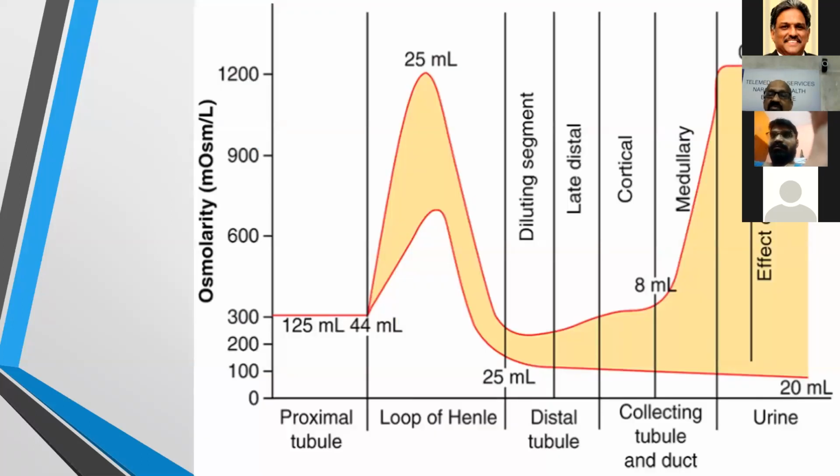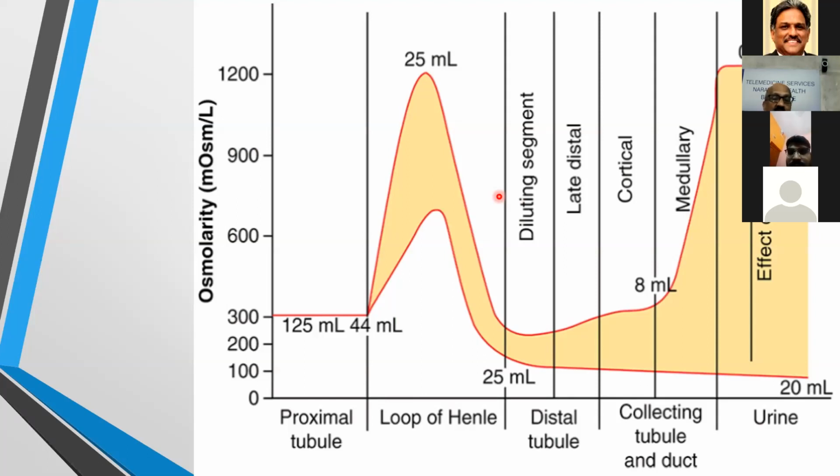These are the changes in the osmolality of the tubular fluid as it passes through the different tubular segments: the proximal tubule, loop of Henle, distal tubule, collecting tubule, and finally the urine. The osmolality depends upon the effect of ADH, which in turn depends upon the volume status, and the response the posterior pituitary gets in terms of the negative feedback mechanism.